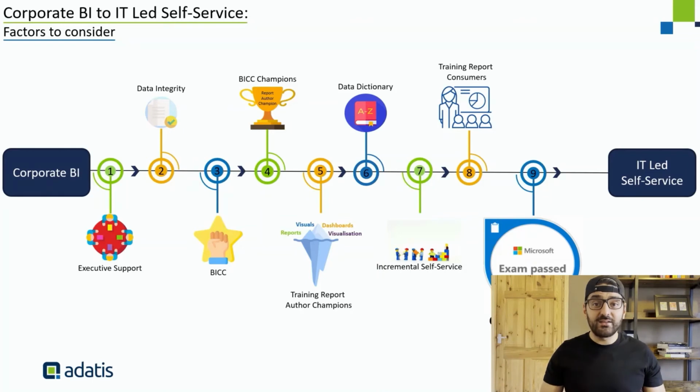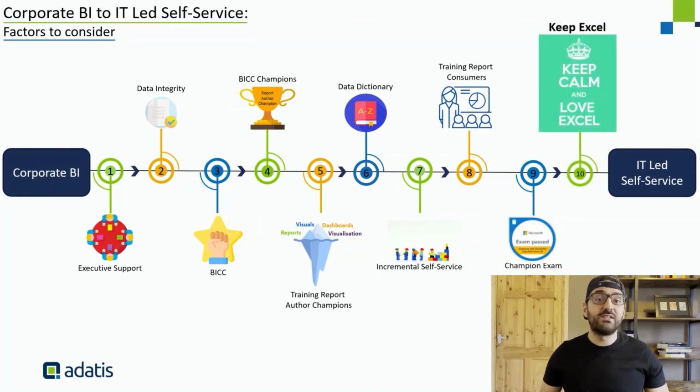Now, the last factor to consider before transition to IT-led self-service is keep Excel. So what do I mean by this? We do not want to completely remove what was previously being used by the consumers right away. Again, everyone hates change, especially when doing something for the last 2, 5 or 10 years. So let's talk to them and understand what are their worries of moving to Power BI.